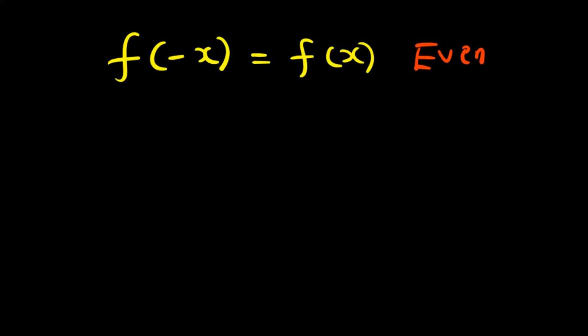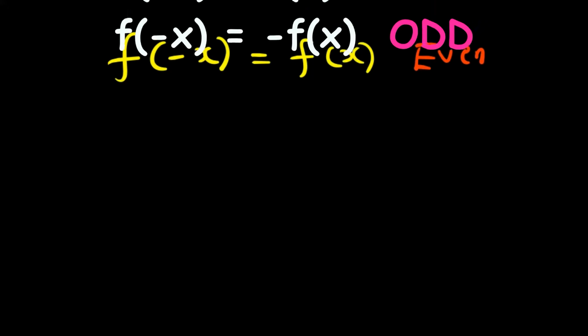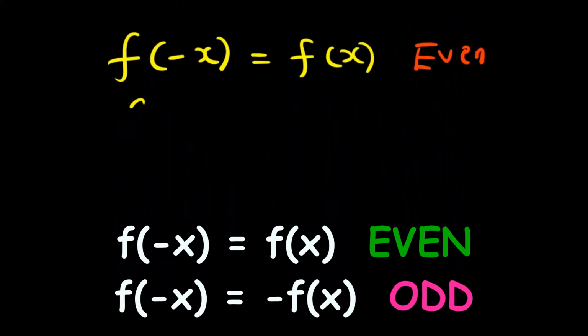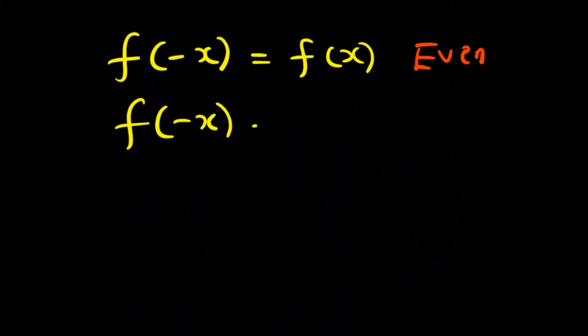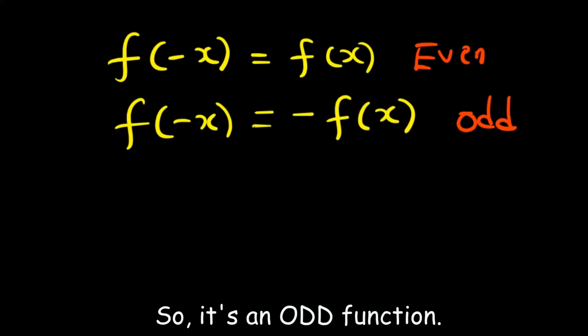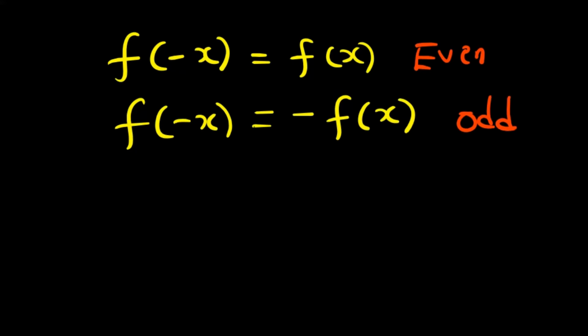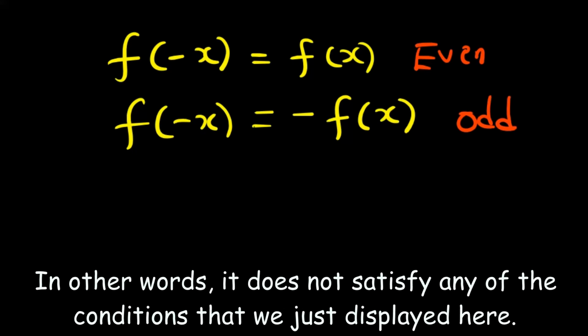Then if f of negative x gives me negative f of x, this is odd. It's an odd function. Then if you find that none of these is true, such a function is neither odd nor even. In other words, it does not satisfy any of the conditions that we've just displayed here.